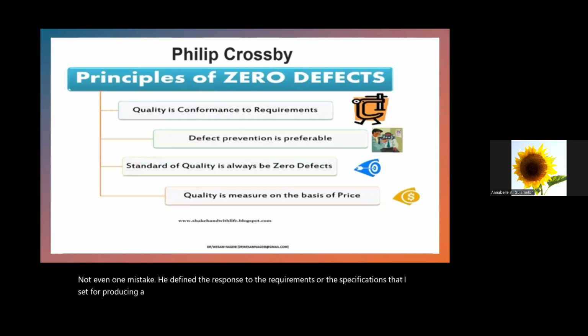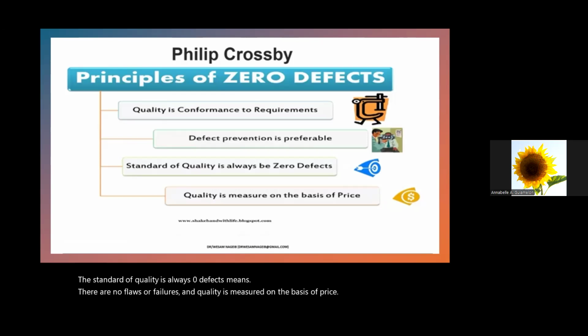I want to produce a product fully compliant with the specifications, that is conformance to requirements. I want to have zero errors, reflecting that defect prevention is preferable. The standard of quality is always zero defects, means there are no flaws or failures, and quality is measured on the basis of price.